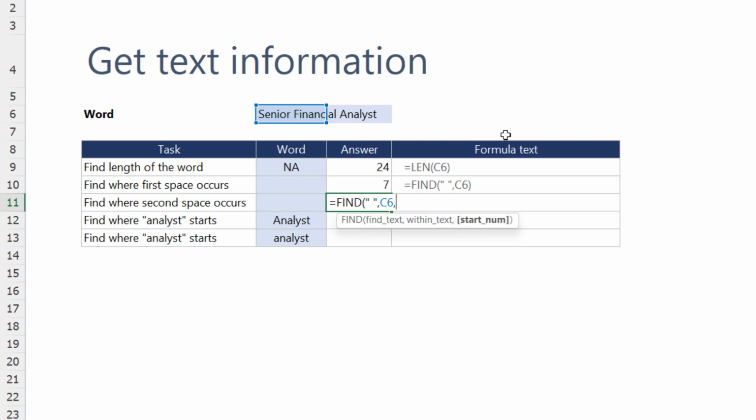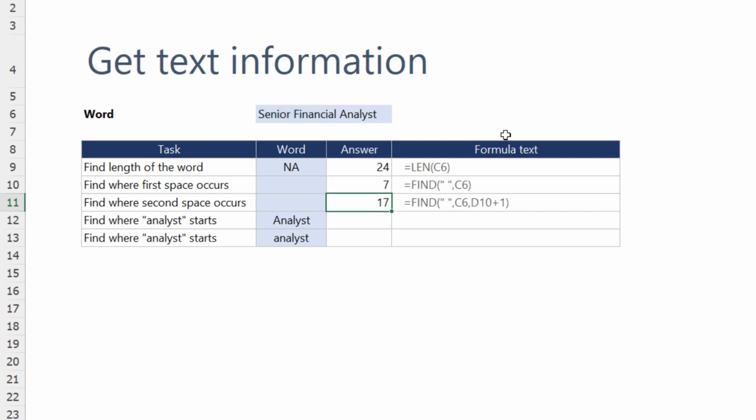Since we already know that we have a space in 7th place and the second space has to come after the 7th position, the starting number here can be mentioned as 7 plus 1. 7 is the position of the previous space and I'm going to add 1. So this is going to tell me where the first space occurs when looked from the 8th character onwards.